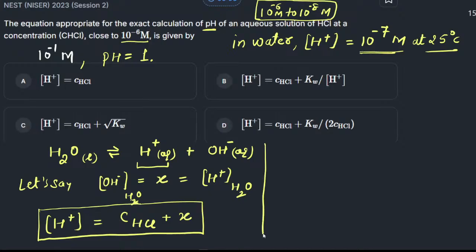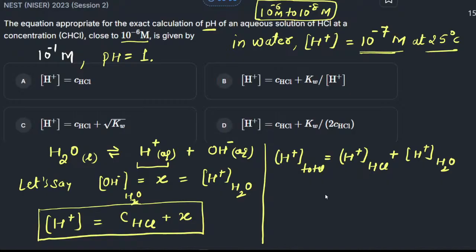Means you can write it like this: H plus ion concentration total is equal to H plus ion concentration from HCl plus H plus ion contribution from water. That is the total H plus ion in the solution.